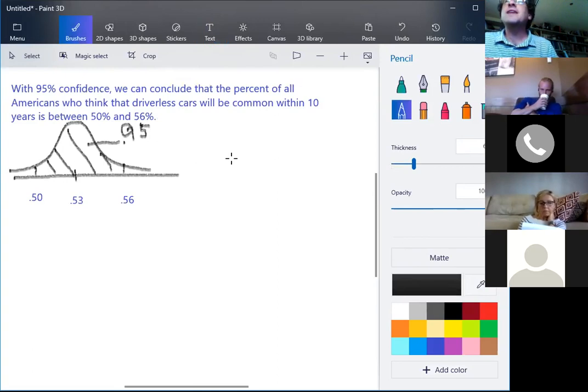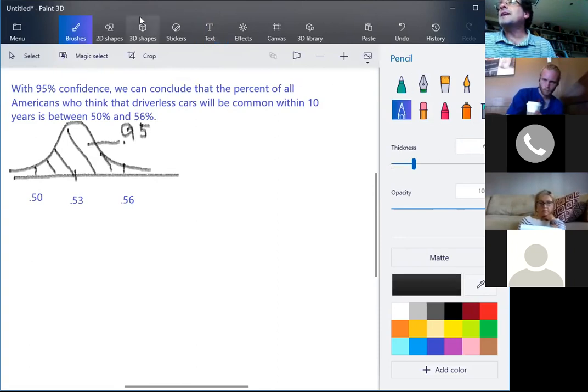So then we can say that the probability of being between 0.5 and 0.56 is 95%. Any questions on that? Okay, that comes from prior chapters, and this is for the sample proportion. That's all part of that central limit theorem that we had last week. Have I lost you any yet on this?